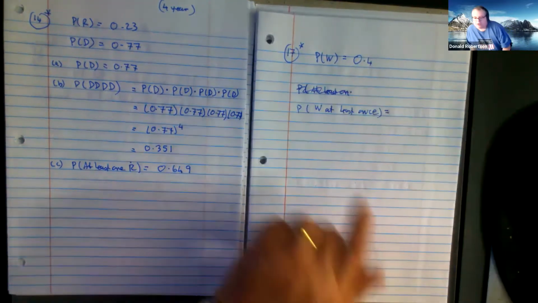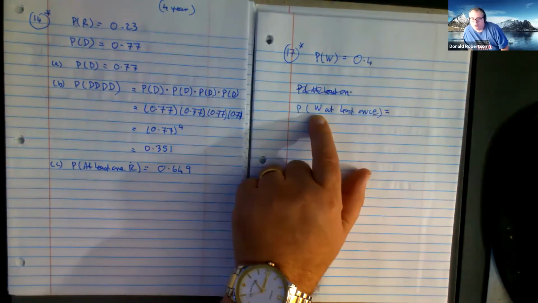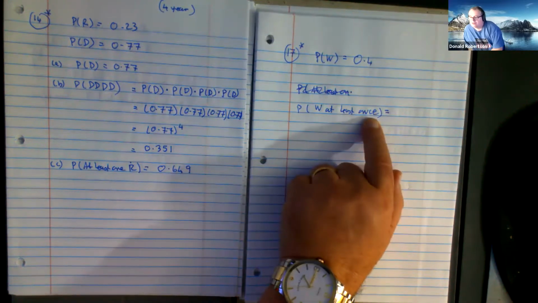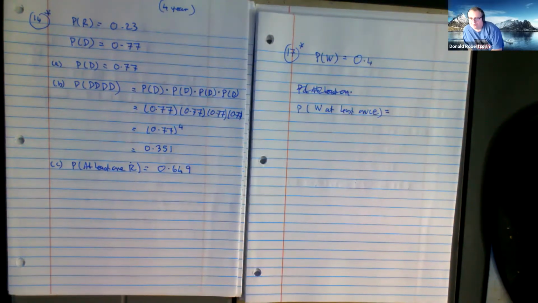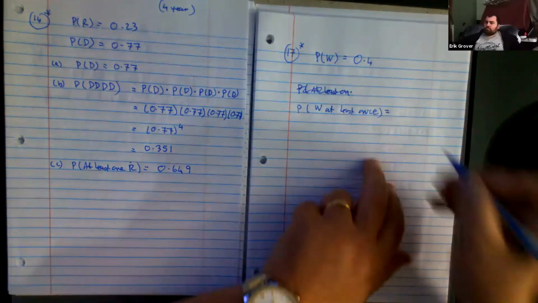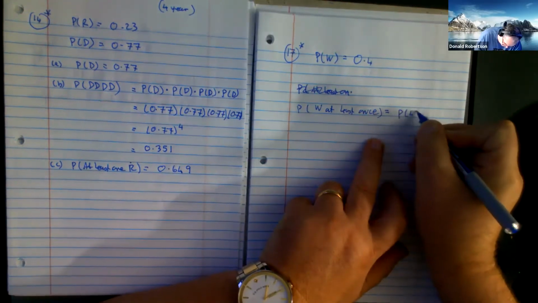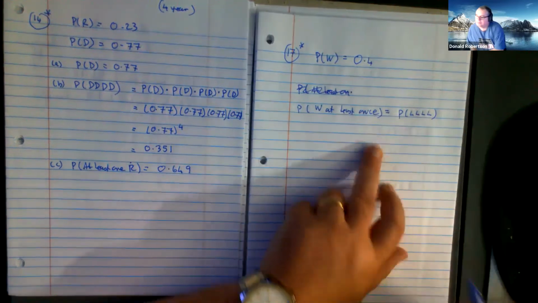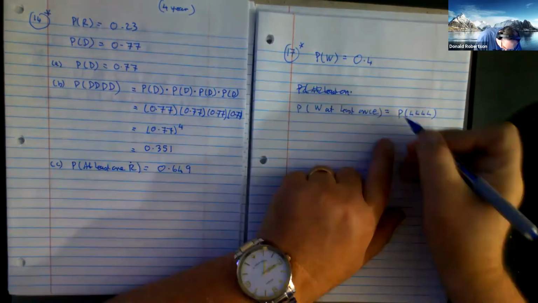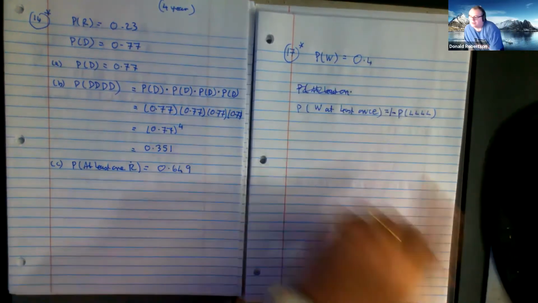Now we have to figure out what the complement of winning at least once is. What's the exact opposite of winning at least once? Losing every time. Okay, and they're 4 times, so it's going to be 4 losses, right? And since it's a complement, won't we be able to say 1 take away there?